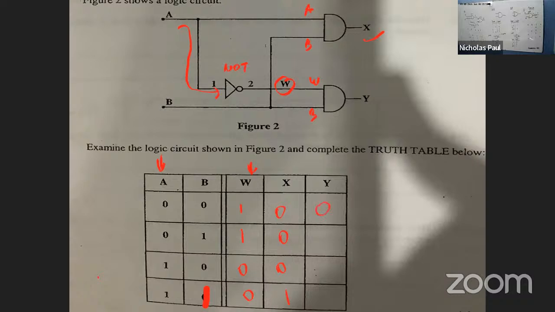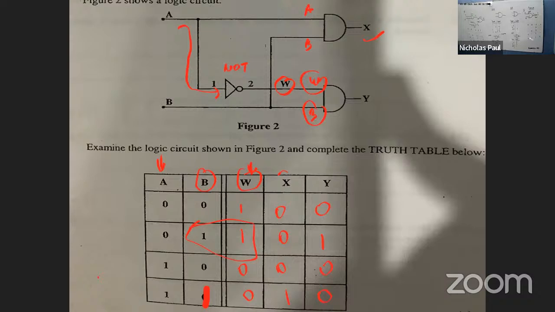You sure? P and W. Remember you're looking at W and P to figure out Y, right? 0, 0, 1, 0. That's okay. 0, 1, 0, 0.